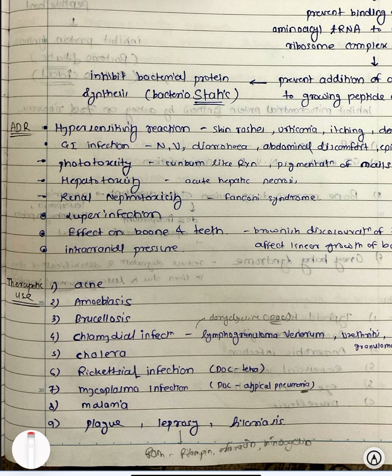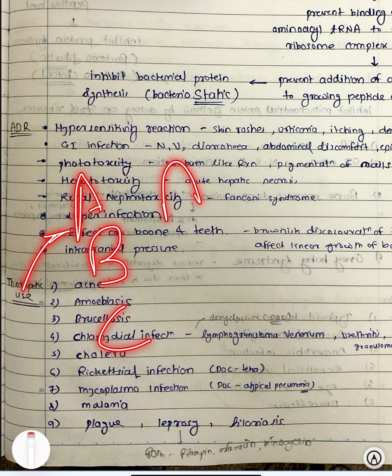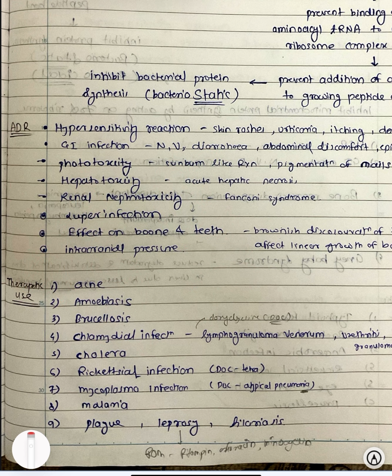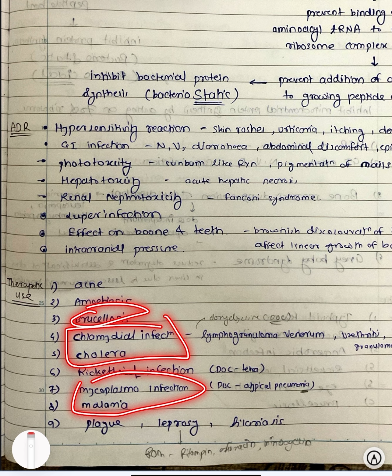You can remember the therapeutic use by A, B, C, M, R, P. That is acne, amoebiasis; B for brucellosis; C for chlamydial infection, cholera; and M for mycoplasma infection, malaria; R for rickettsial infection, and P for plague. Okay, A, then B, C, M, R, P.